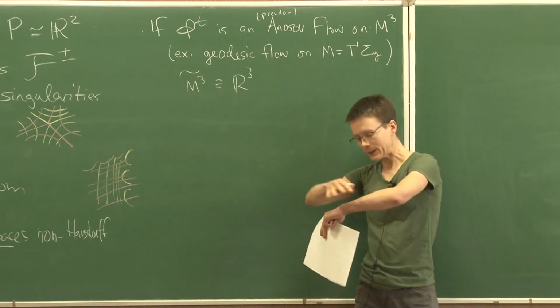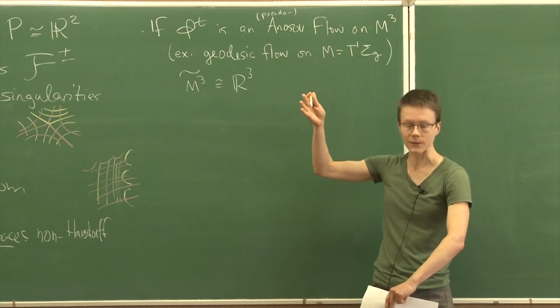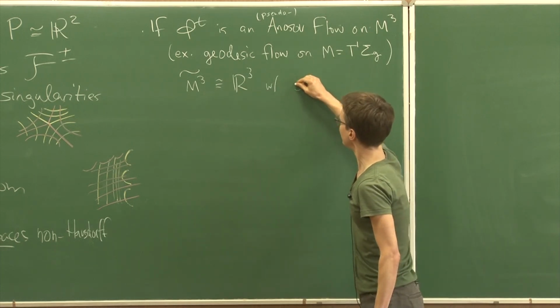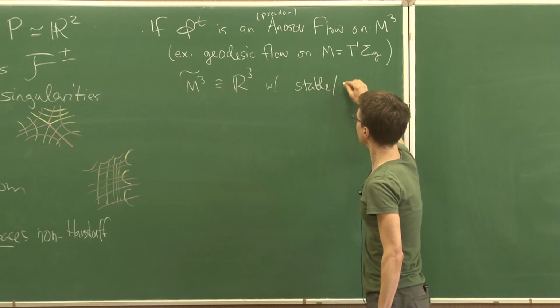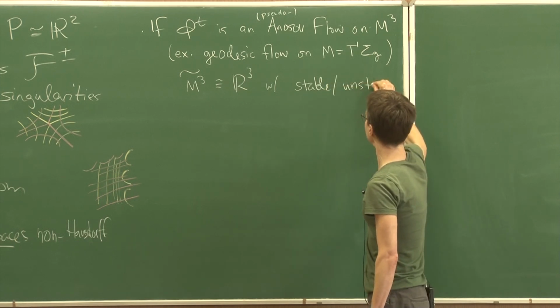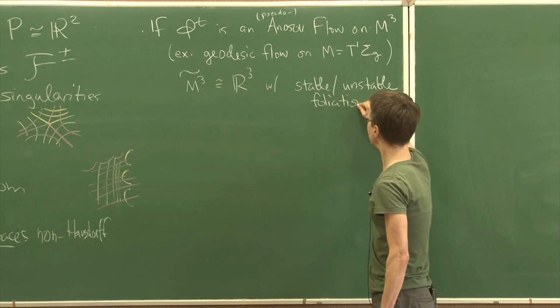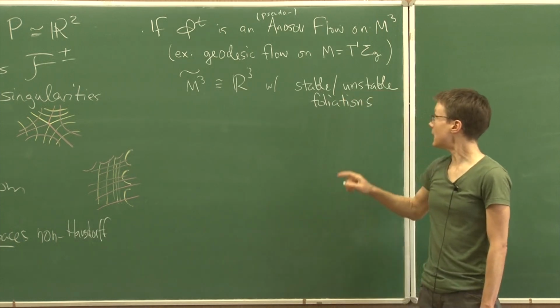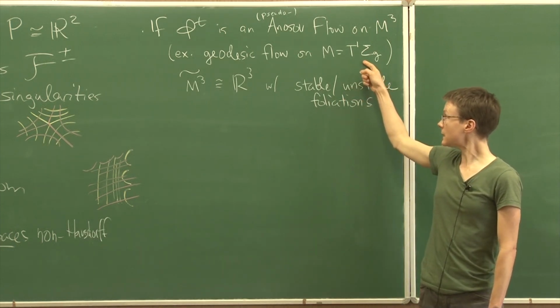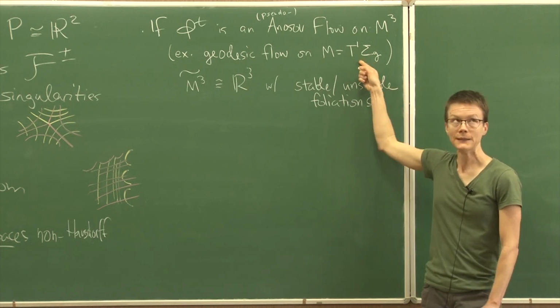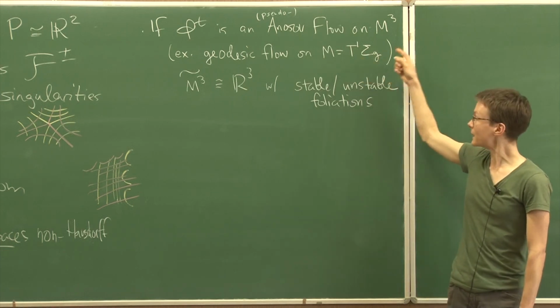And so you get two transverse two-dimensional foliations up here called the weak stable and unstable foliations for the flow. On the unit tangent bundle version, this is just the horocycle foliations that we saw in Yair's talk.